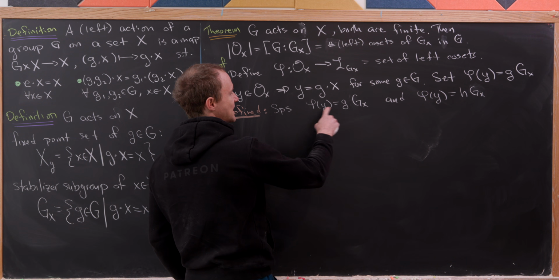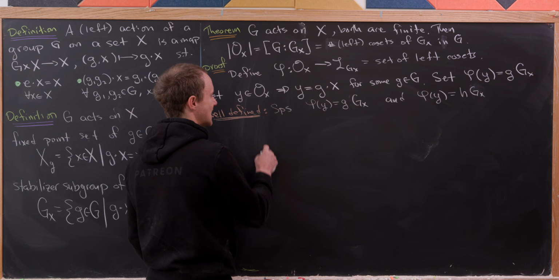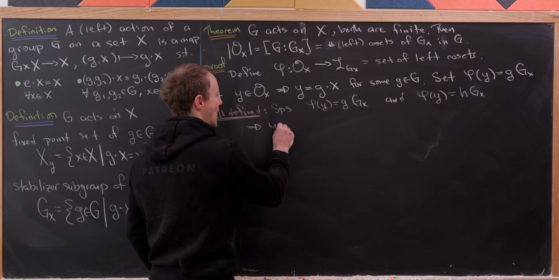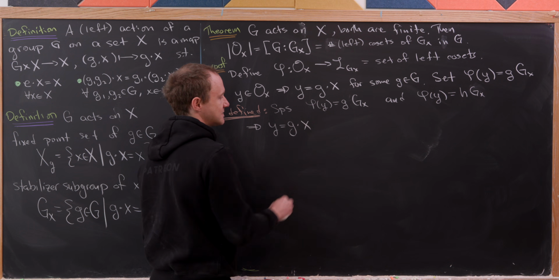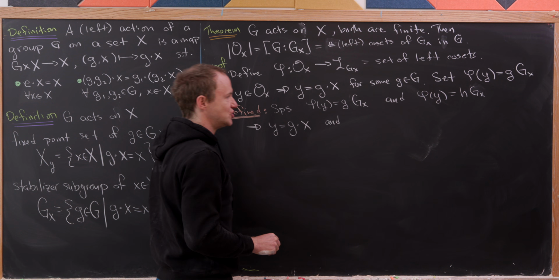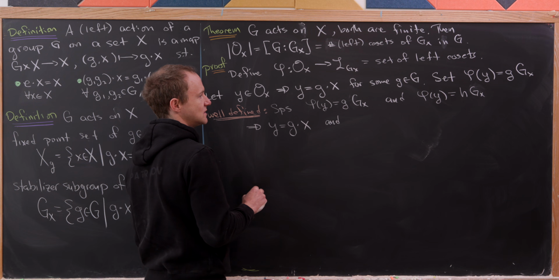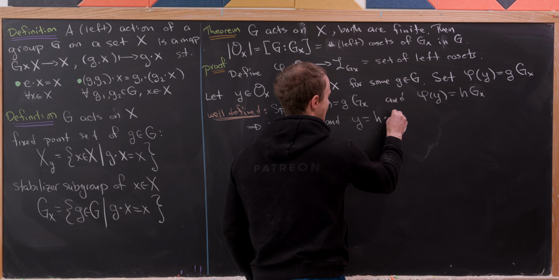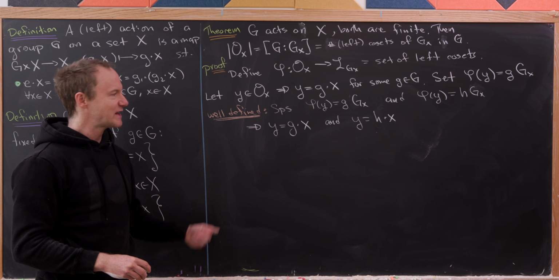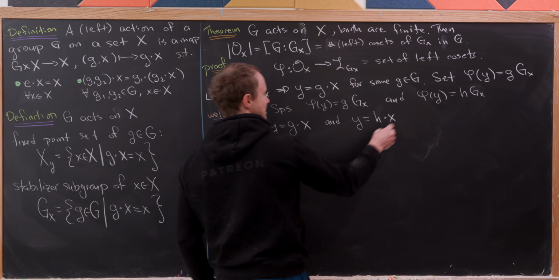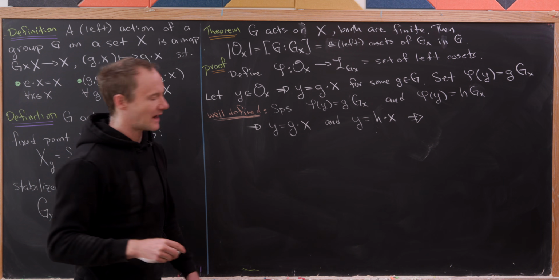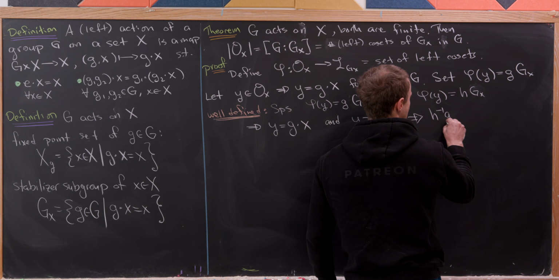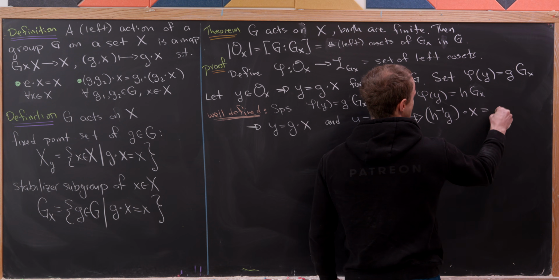Okay, anyway, let's see what this tells us. So if phi of y is equal to gGx, well then that means by the way we chose g up here, that y is equal to g dot x. But then if phi of y is hGx, then by the way that we chose h here, that means that y is also h dot x. Okay, great. But now we can just set those two things equal to each other and then multiply by perhaps h inverse, and pretty quickly we'll see that h inverse g dot x is equal to x.